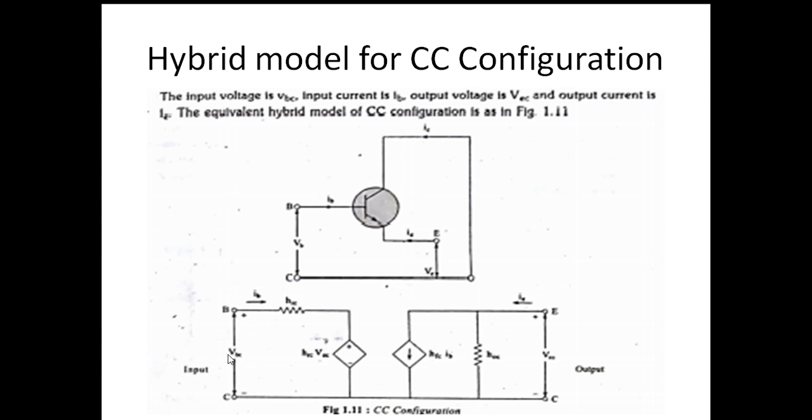The input voltage equation is VBC equals HIC IB plus HRC VEC, where VEC is the output voltage. The first equation is the voltage equation, V1 equals H11 I1 plus H12 V2. So the input voltage VBC is equal to HIC IB, where IB is the input current, plus HRC VEC, the output voltage.